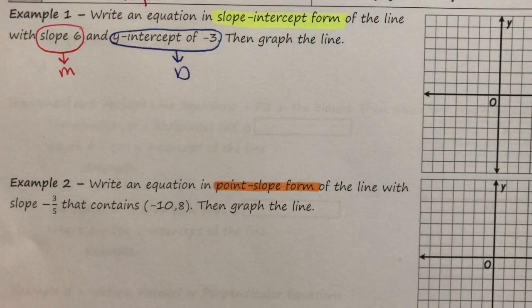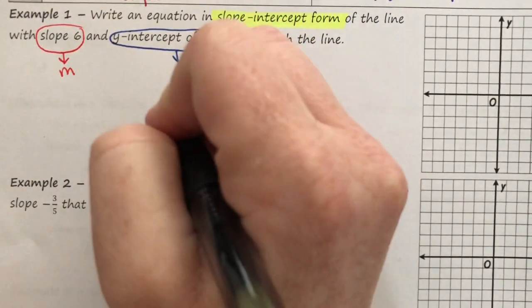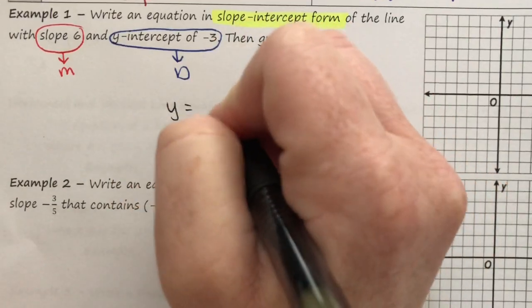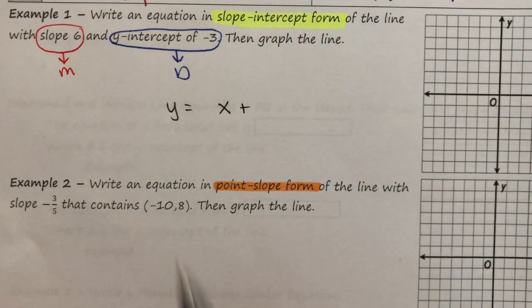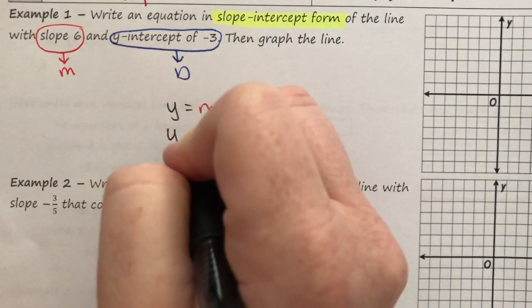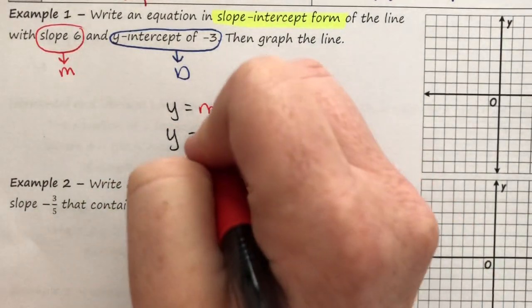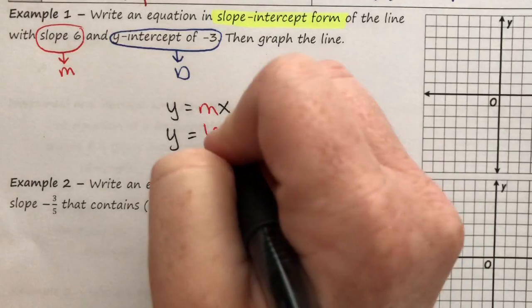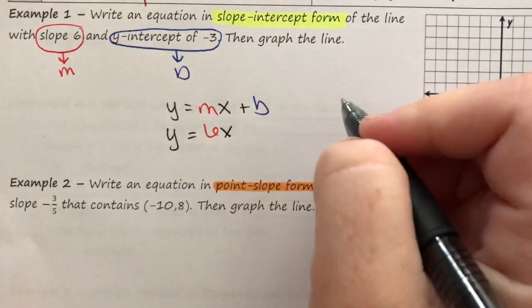So all we have to do to write our equation, we have y equals mx plus b. I gotta keep everything color-coded for my visual learners. Okay, and then when I actually plug in these numbers, I'm gonna have y equals 6x plus -3.